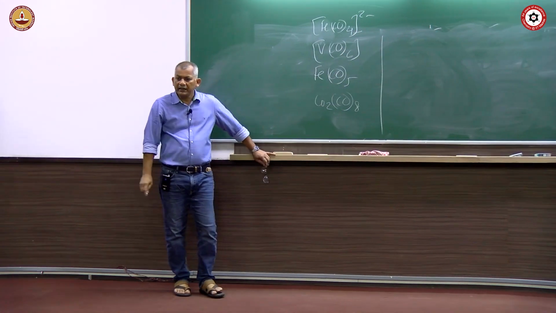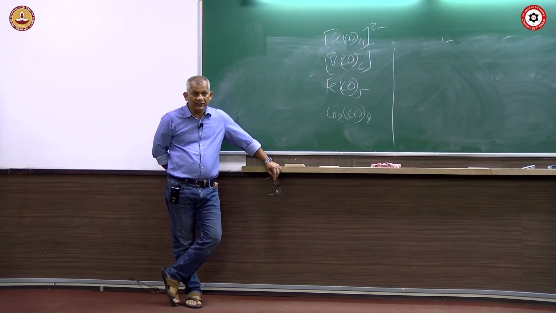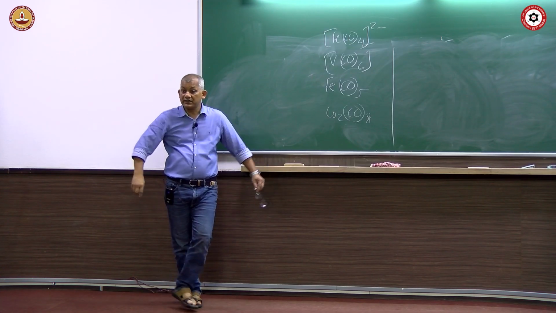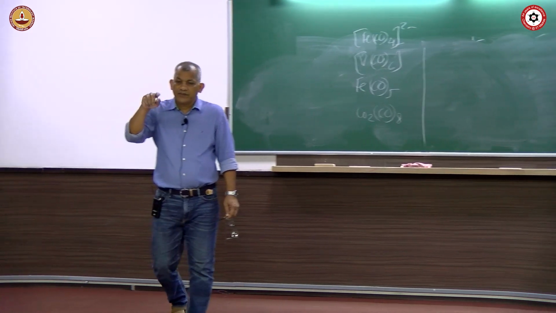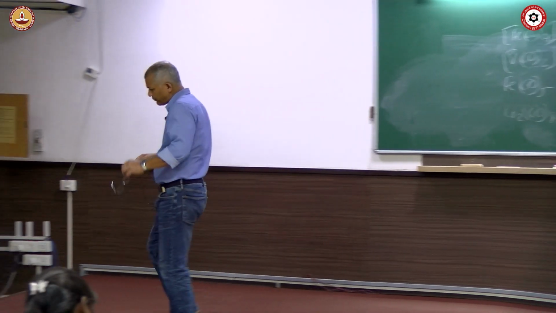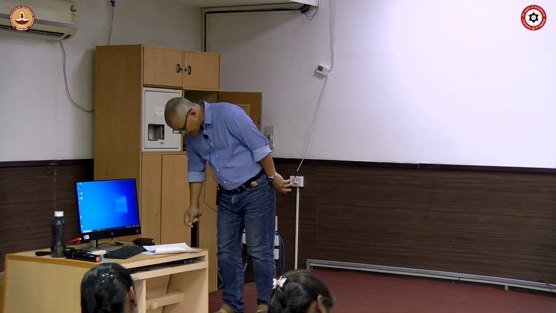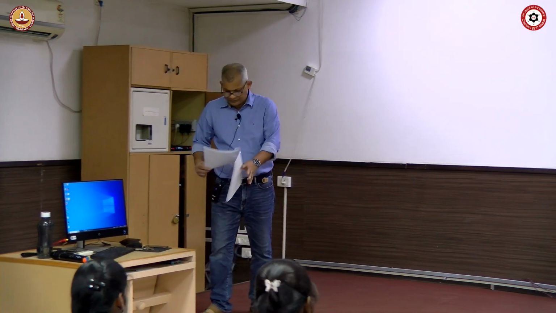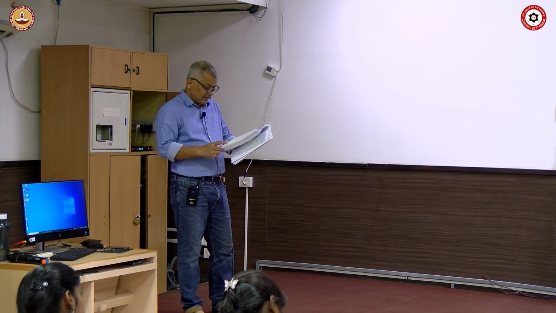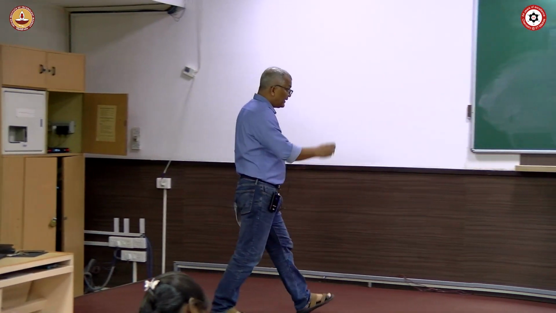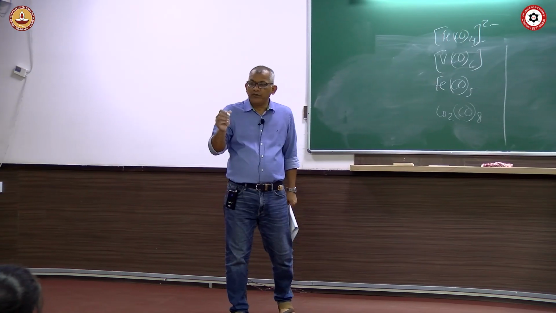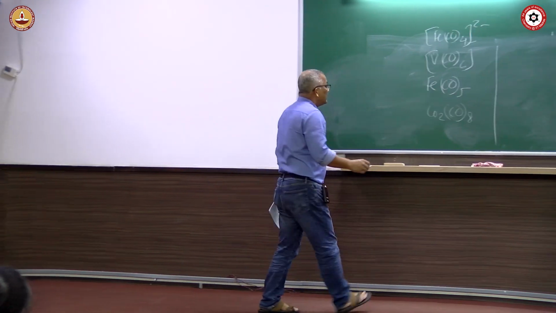Typically, the infrared stretching frequency for CO gas, which is very poisonous, you all know, comes around 2300 something. But when the carbonyl is attached to the metal and you get a terminal, let's say this molecule.